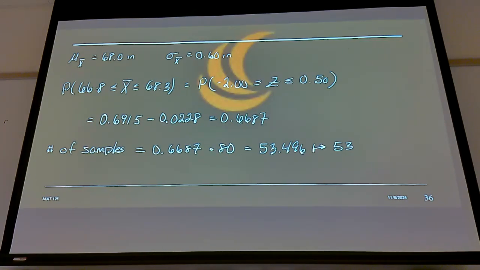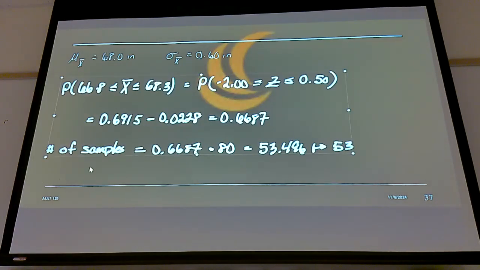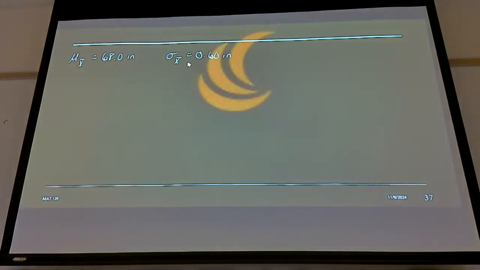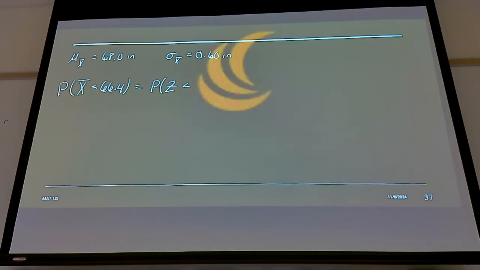Less than 66.4. So convert 66.4 to a z-score. We'll say negative 2.67.